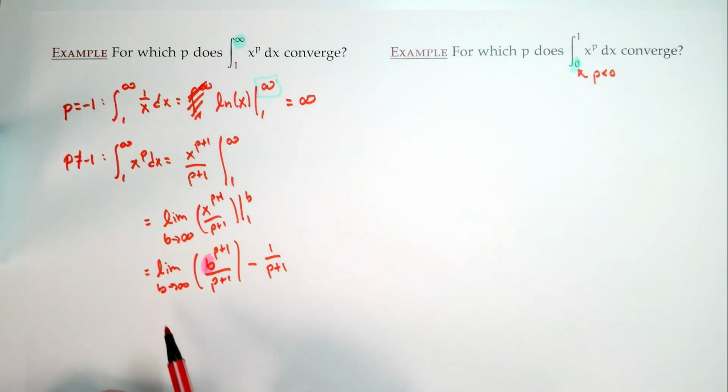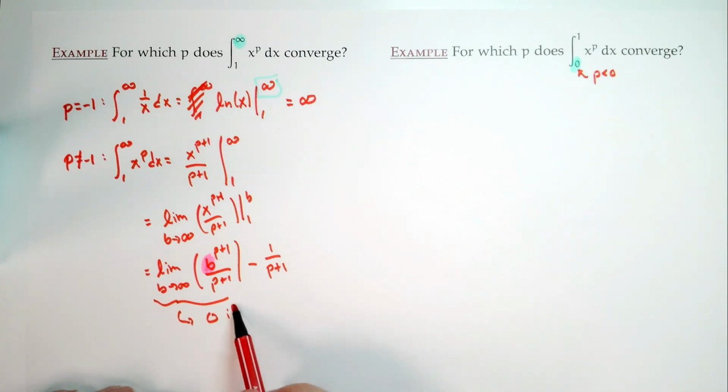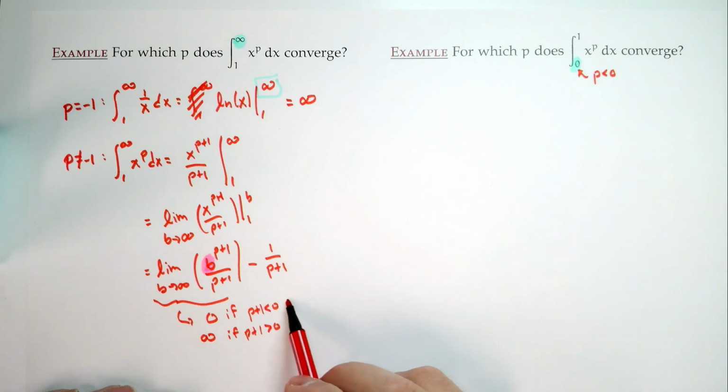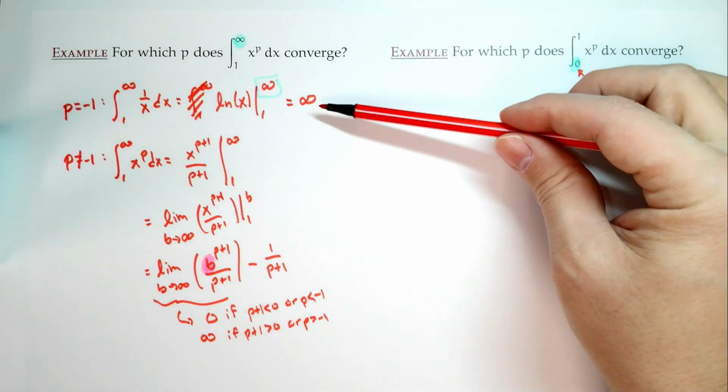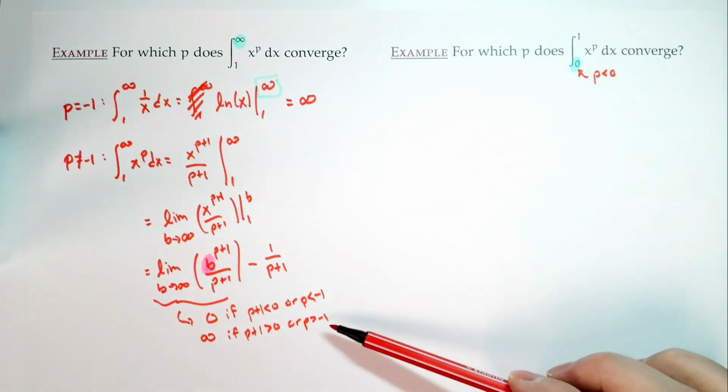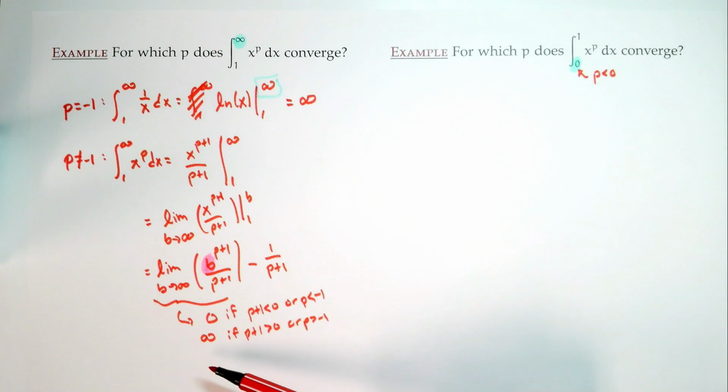So what we see is that this limit here is 0 if the power p plus 1 is negative, and it's infinite if p plus 1 is positive. p plus 1 less than 0 is the same as saying p is below -1, and p plus 1 greater than 0 says p is above -1. So now we know what happens at -1: it's huge.